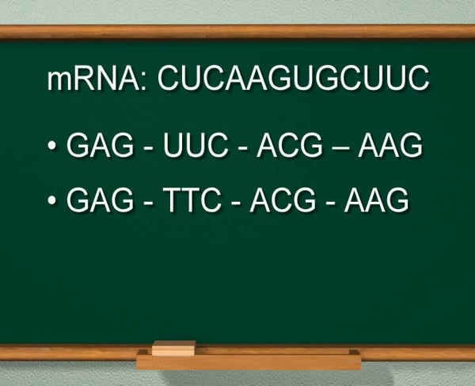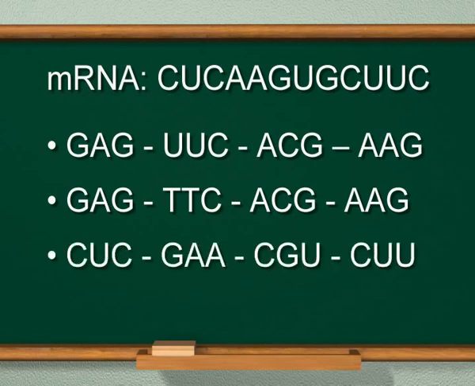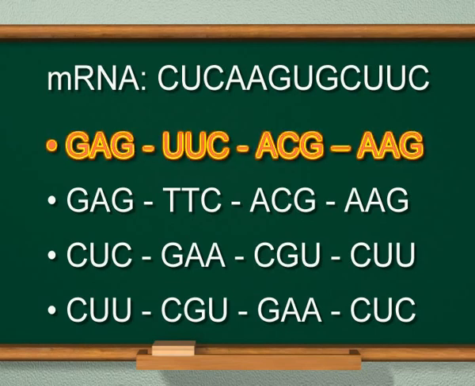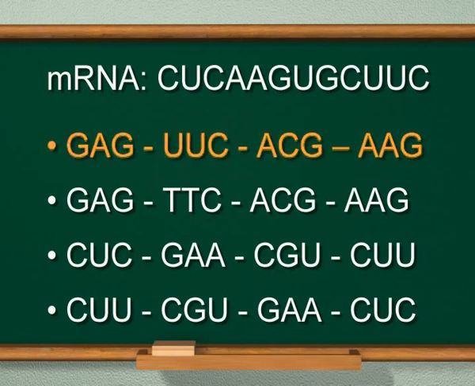Next option, CUC, GAA, CGU, CUU. Last option, CUU, CGU, GAA, CUC. And the answer is anticodons present on tRNA will be GAG, UUC, ACG, AAG.